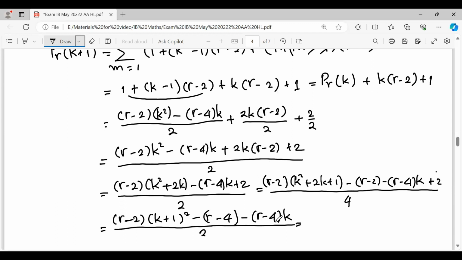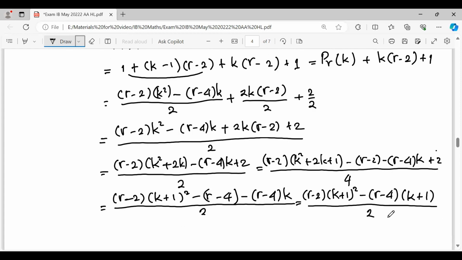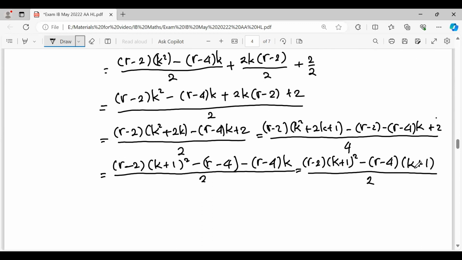Then let's factorize again. This part will be (r minus 2)(k plus 1) squared minus (r minus 4) times (k plus 1) over 2. Yeah. So this is the result.